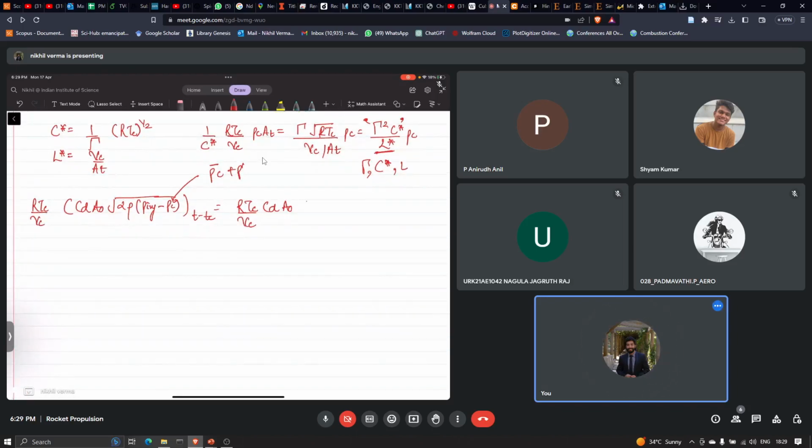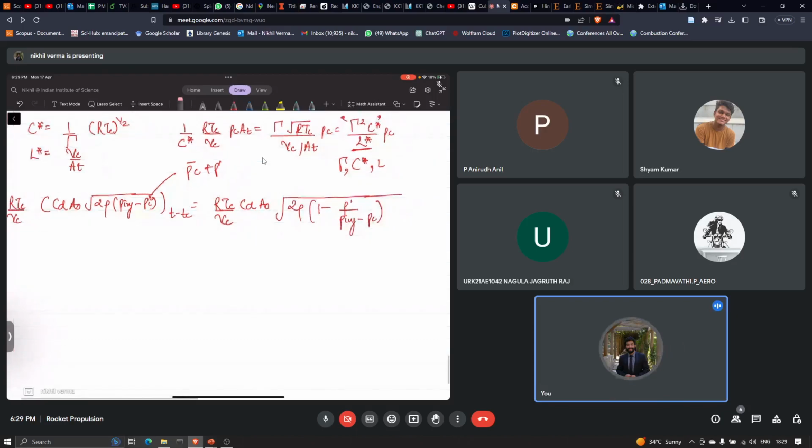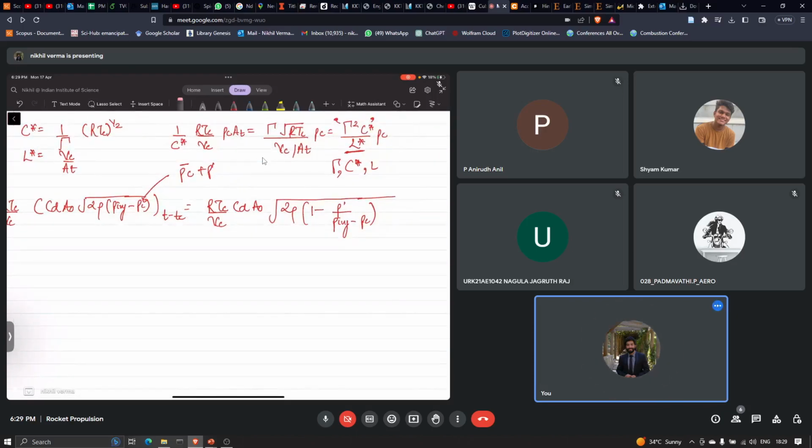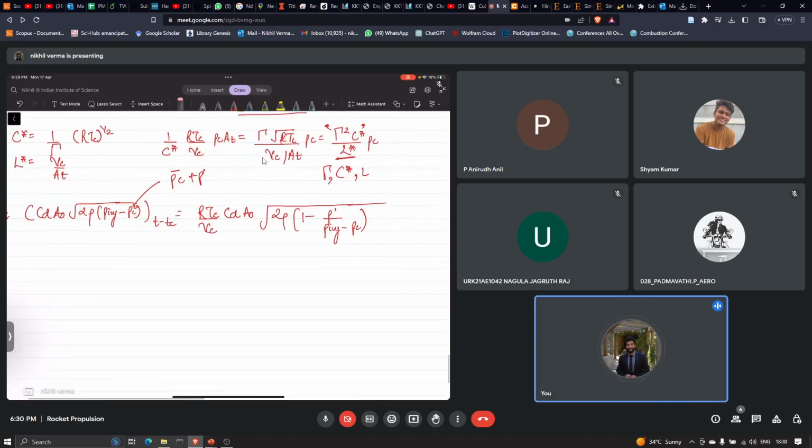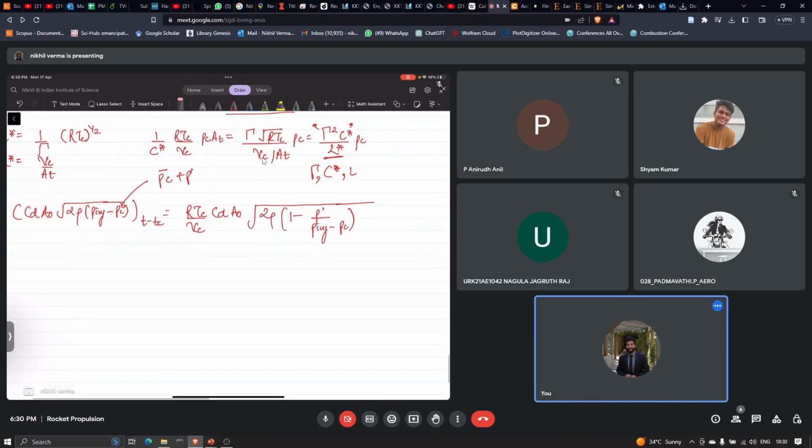So this is 2 rho, this is 1 minus P injection, this is Pc. Let me erase this.